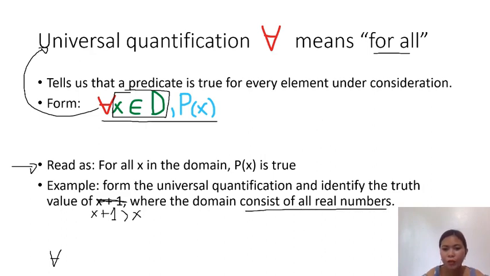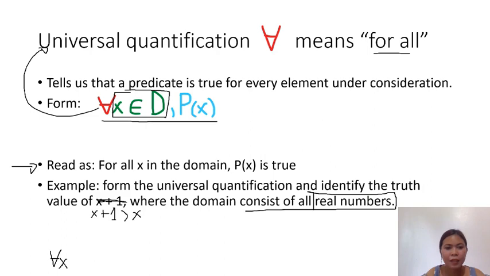A real number can be any integer, any positive or negative integer. So, let's represent those integers as x. Therefore, we can write here, for all x, which ang x natin dito is any integer which are real numbers.